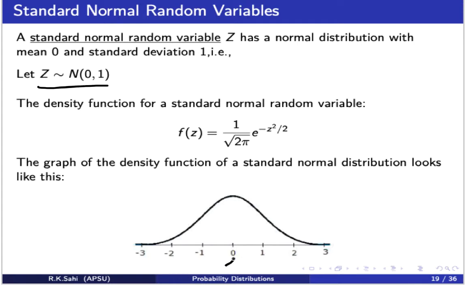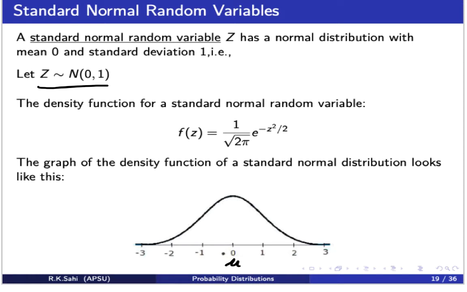If you go to the right-hand side, you go in increments of 1 because the standard deviation is 1. So this means 1 standard deviation, 2 standard deviations, 3 standard deviations to the right of the mean mu, which is 0. And as we go towards the left-hand side, we have -1, that means 1 standard deviation to the left. -2 means 2 standard deviations to the left. And -3 is 3 standard deviations to the left of the mean 0.